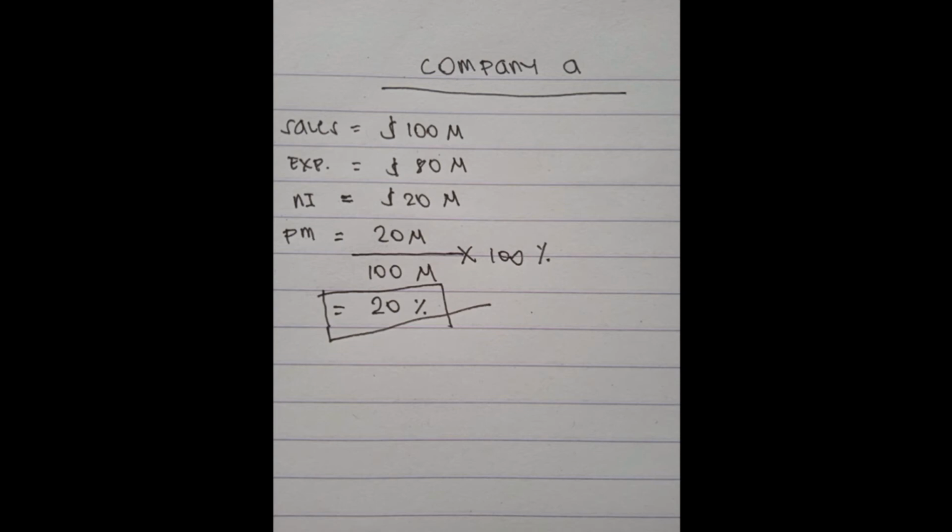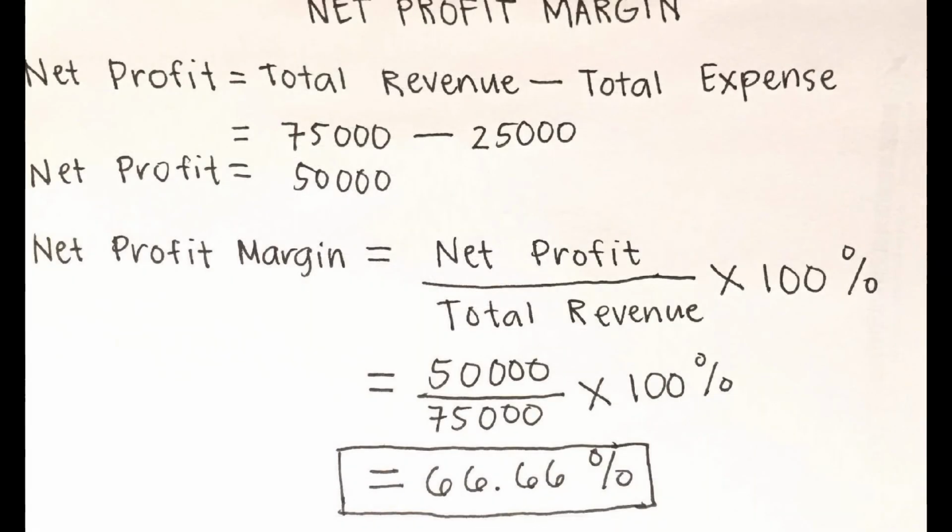Then for the profit margin, we divide the net income by the sales: 20 million divided by 100 million, times 100. So the answer is 20%. That is our example of net profit margin.